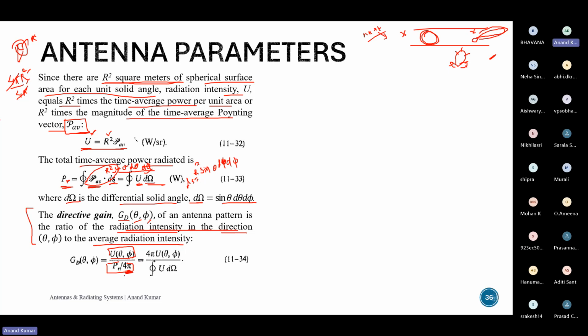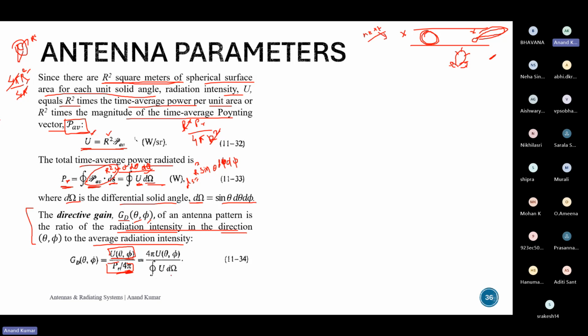The average radiation intensity will be r squared into the total power divided by 4 pi r squared, where 4 pi r squared is the total surface area. If you cancel this, you will end up with P_R by 4 pi, and this is your radiation intensity in that direction.